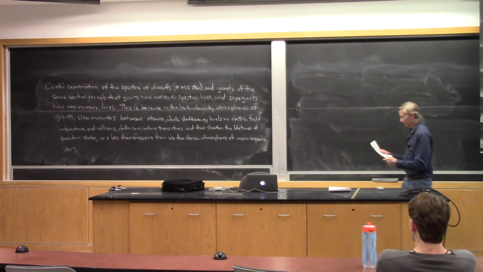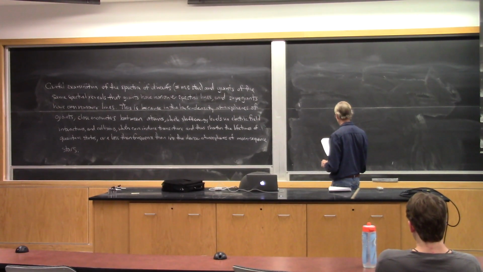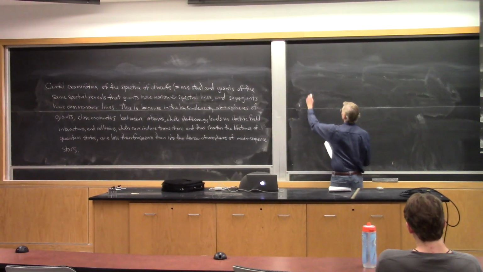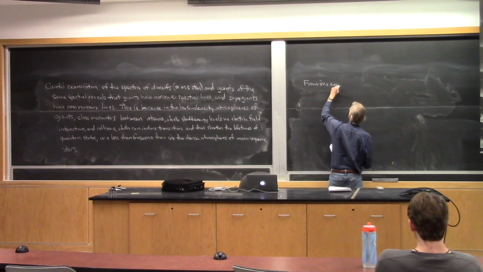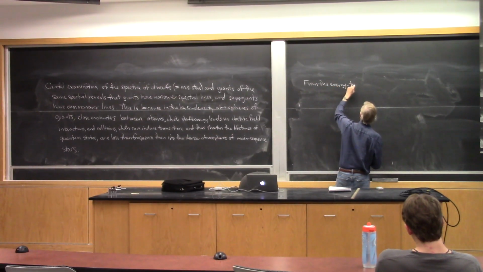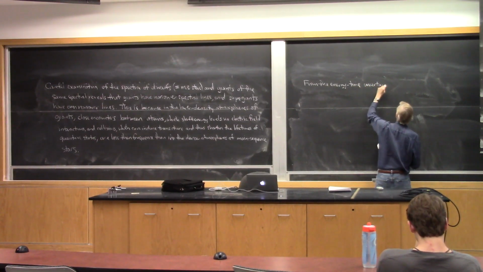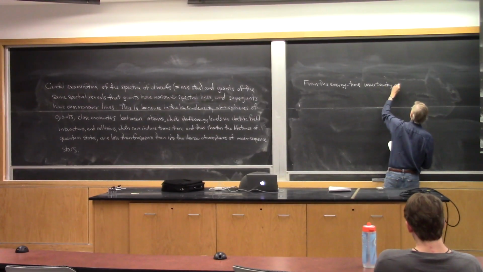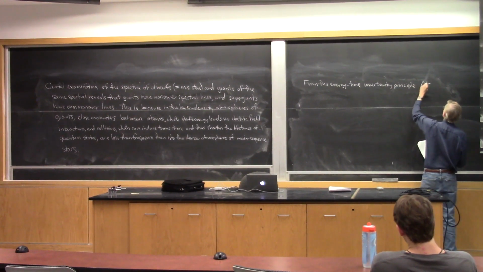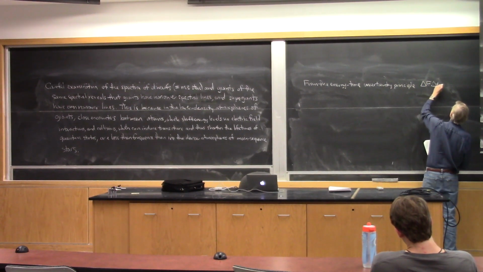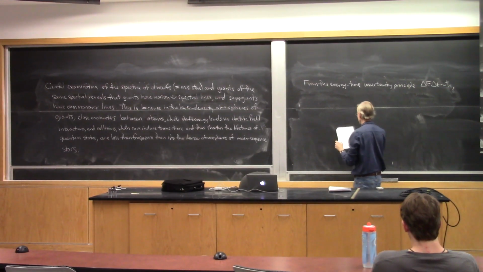Okay, I feel like people are caught up. Maybe. All right, and so then, what do I want to say here? From the energy-time uncertainty principle, delta E delta T is on the order of h bar. I'm not going to even bother with the h bar over 2.